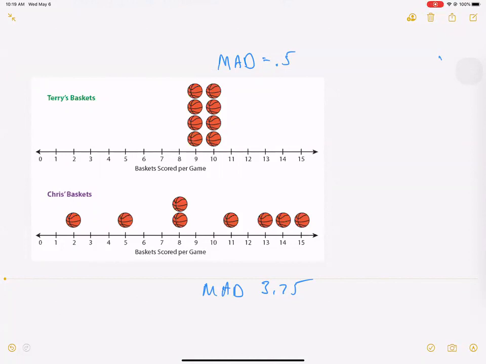That means he's almost always scoring 9.5. He's always around 9 and 10. See? The difference between 9.5 plus and minus 0.5, that means he's up to 10, 9.5, remember that? And you go plus 0.5 and a minus 0.5. So he's at 10 and 9. These are his scores normally.